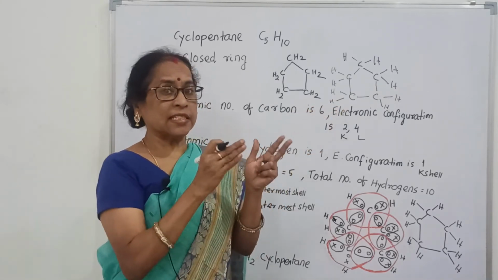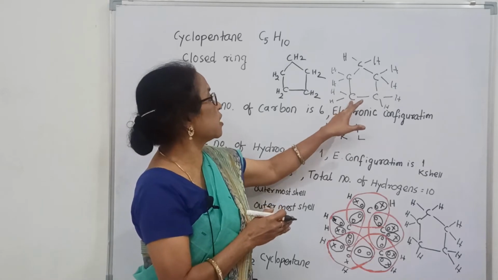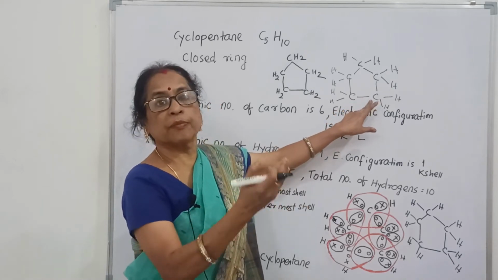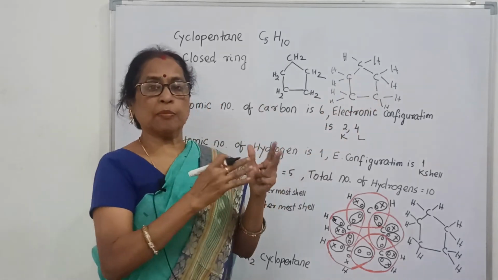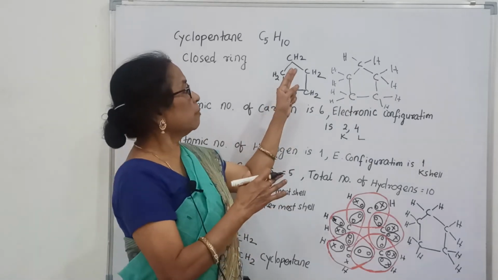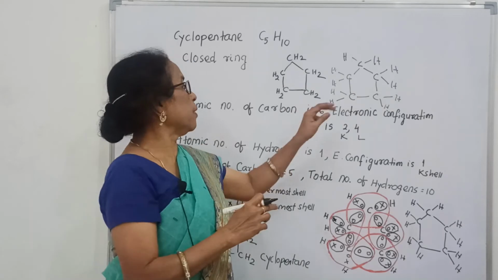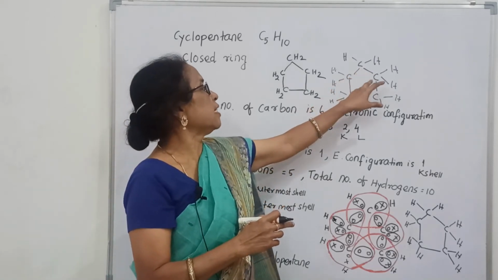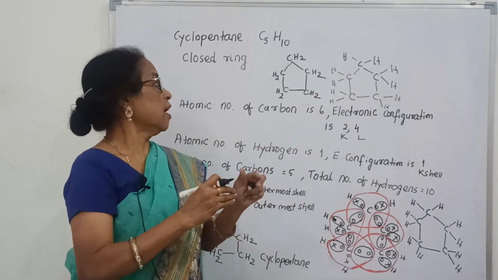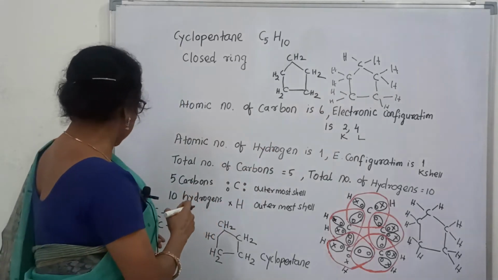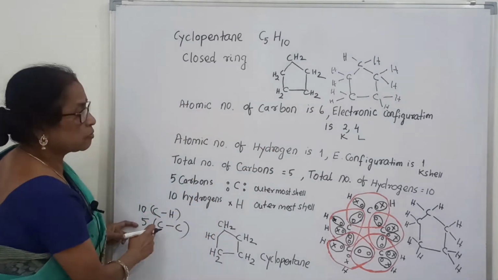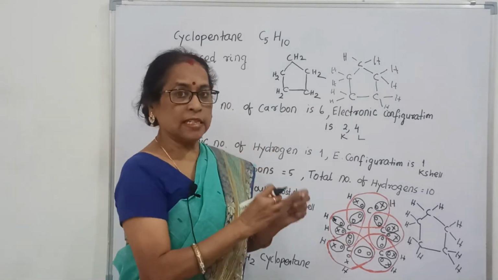But when there is CC, 1 electron from this carbon and 1 electron from this carbon. So how many carbons are there? There are 5 carbons. So everywhere the bond is formed between C and C. That means here how many CC bonds form? 5 CC bonds form.